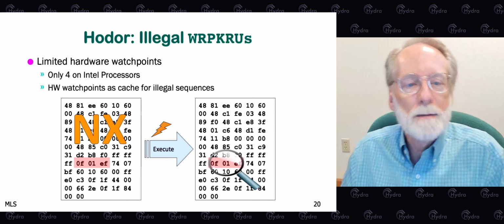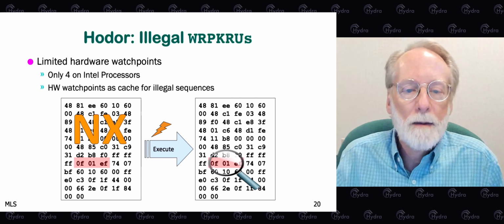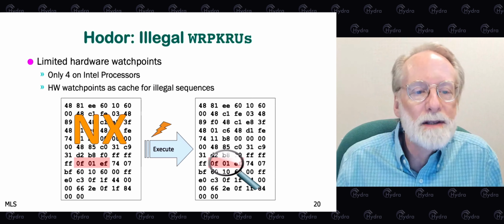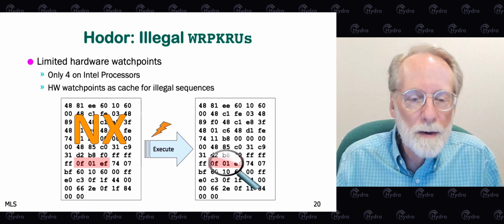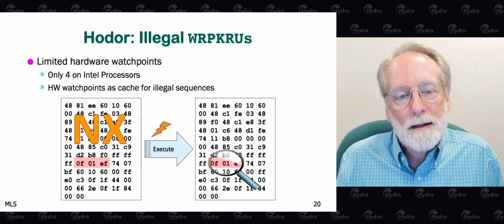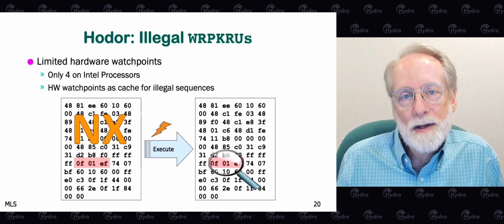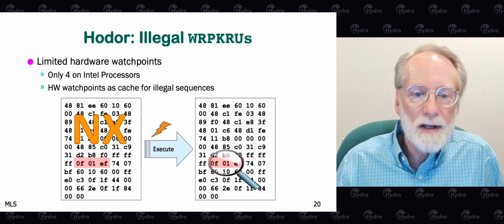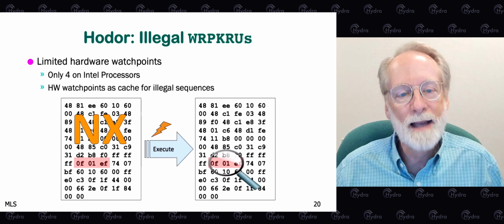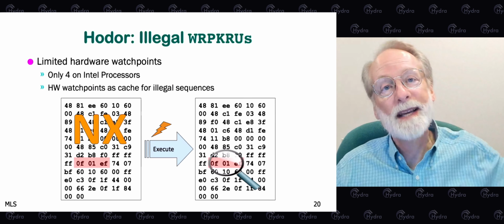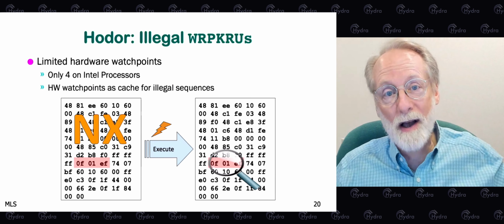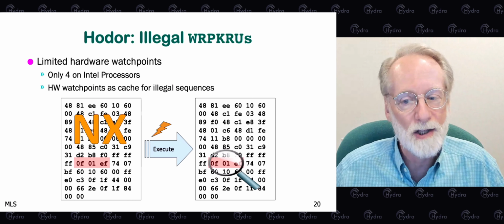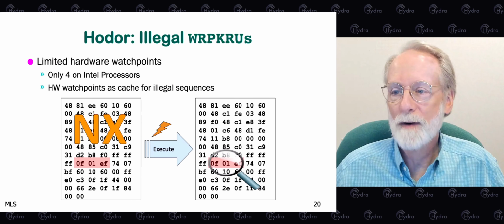Just to tell you how it's possible, if we discover that we need to breakpoint more than 4 instances of a WRPKRU instruction, then we take some of the pages containing those instructions and we mark them as non-executable. And then if we try to execute one of those pages, in the page fault handler, we make the page executable, and we take some other page that has breakpoints on it and we make it non-executable and move the breakpoints over to the new page. Obviously, we don't want to do that very much.